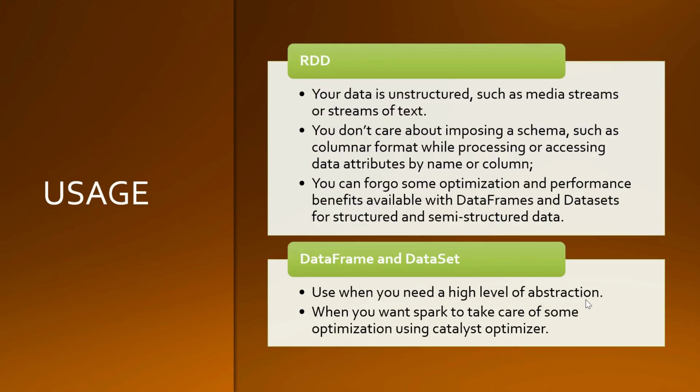Or if you need a high level of abstraction, then go with data frame and dataset. If you want actions which are very easily readable in program code, then go with data frame and dataset. So this is the usage advantage of RDD, data frame, and dataset, when to use what. It depends upon the complete use case of your project, how exactly you are writing the code, and what key features you are looking for while executing your pipeline.